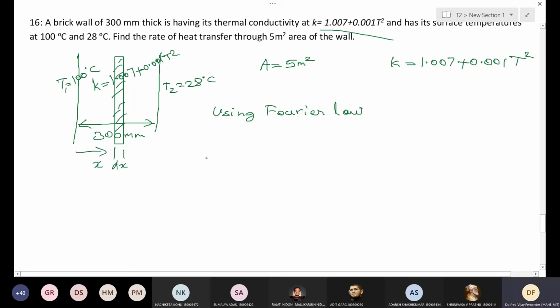For this element, we are applying the Fourier law. So Q equal to minus K A dT by dx.